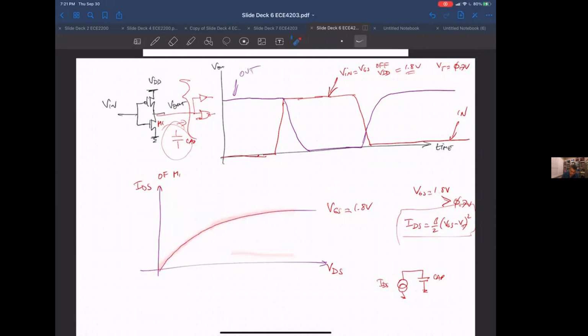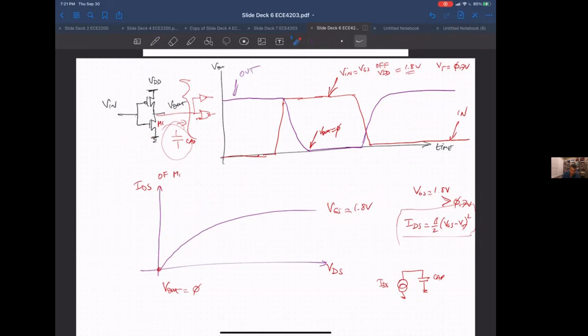And at some point, when Vout goes to 0, this transistor has a gate source voltage of 1.8. It is on, but there's no current flowing across it because this side is at ground and this side is at ground.